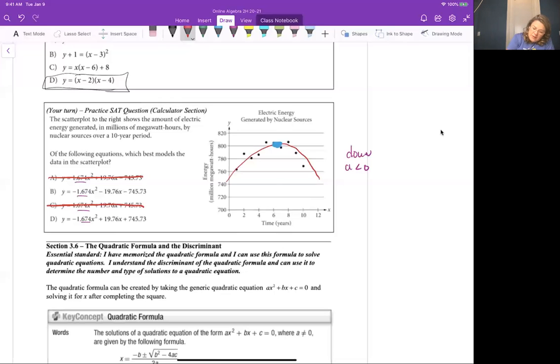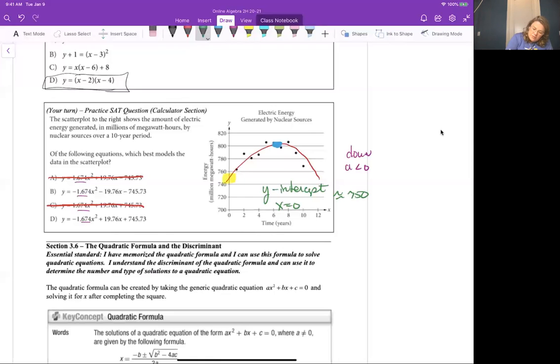The next thing we should be able to identify is that I can see the y-intercept is approximately 750. Well, where does the y-intercept occur? That occurs when x equals 0.